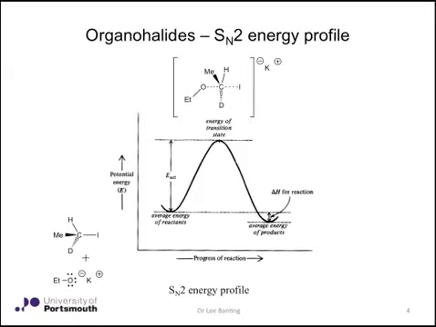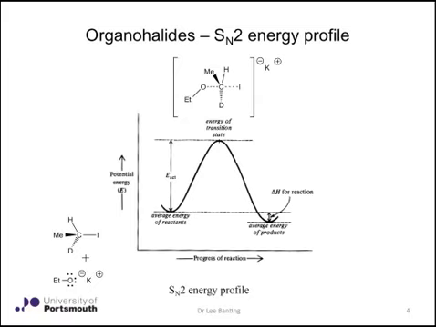At the top of the energy curve is the transition state. Now this is where the incoming nucleophile and the outgoing leaving group haven't quite decided what to do. There's a balance of incoming electron density and outgoing electron density, and that progresses smoothly.